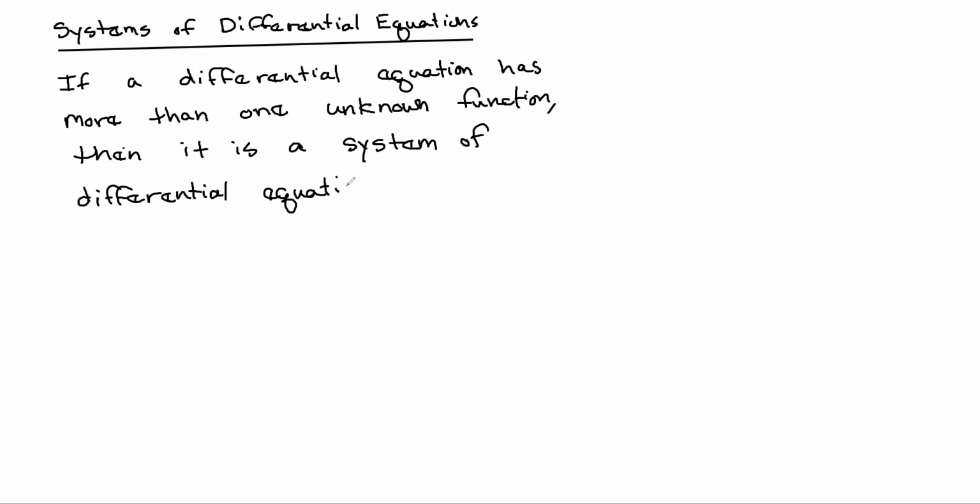So of course, it also has to have more than one equation as well. So if you have more than one unknown function and you have more than one equation, then you have a system of differential equations. It's the same basic definition that we have for solving a system of regular linear equations. If you have more than one variable and more than one equation, then you have a system of equations.